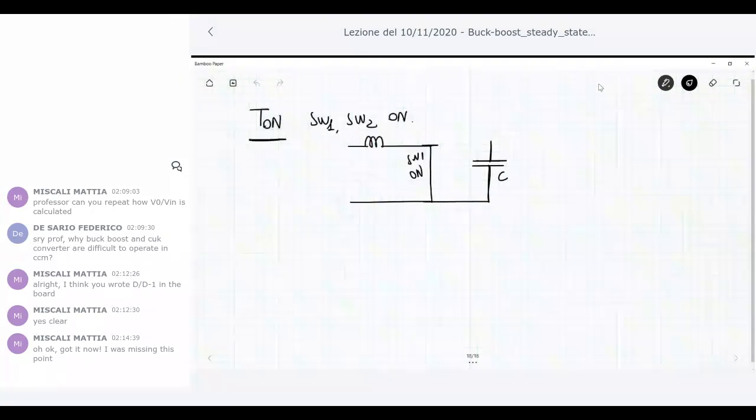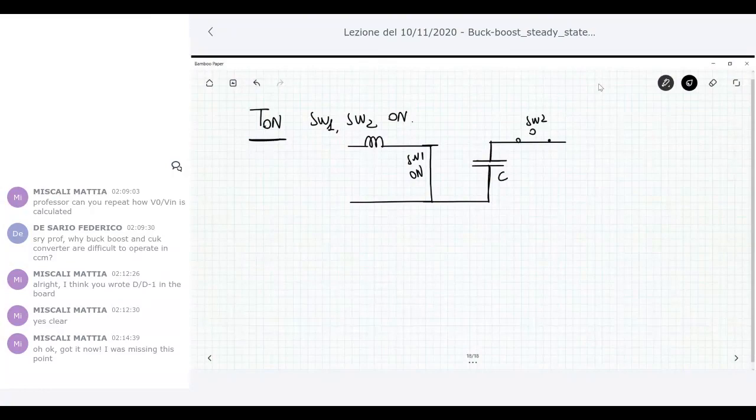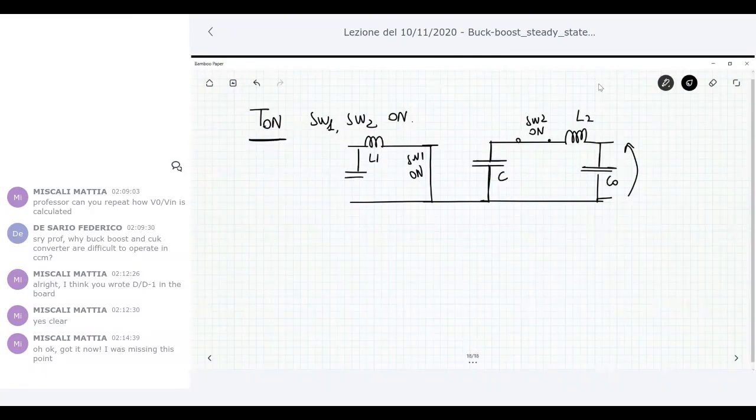This is C. Let me call this C. Then I have switch 2 which is on, and V in.